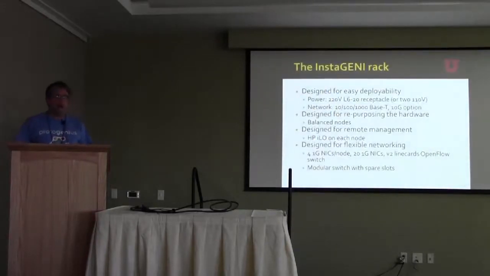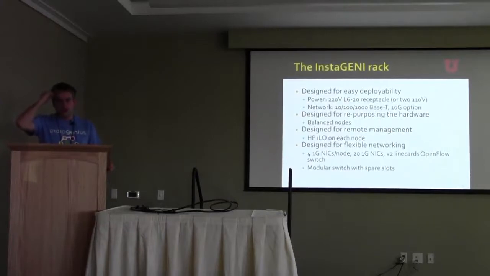So an InstaGENI rack is, as you may know, one of 2 main rack efforts in the GENI project, which are intended to get compute and network resources onto a bunch of different campuses, and then make those available to experimenters such as yourself.